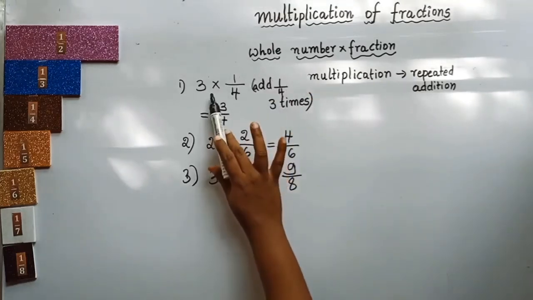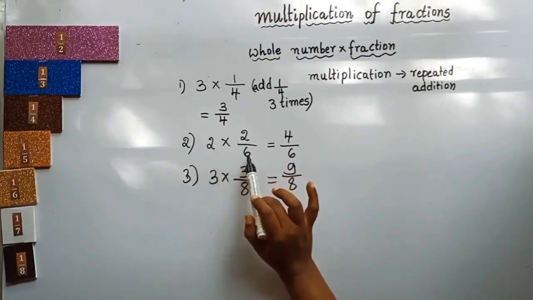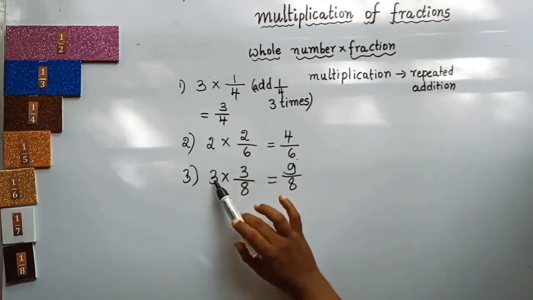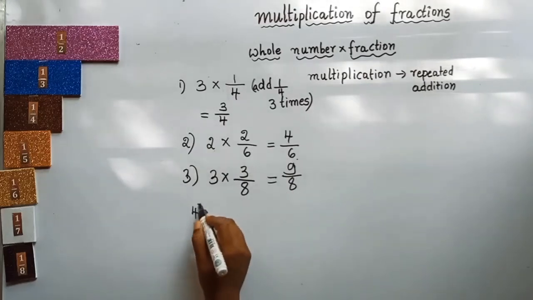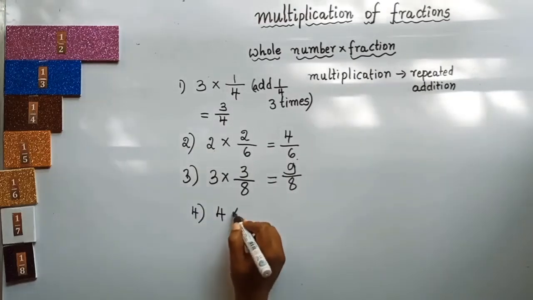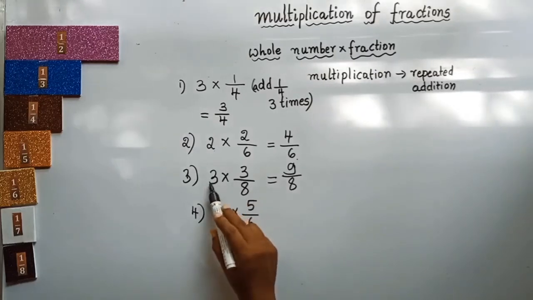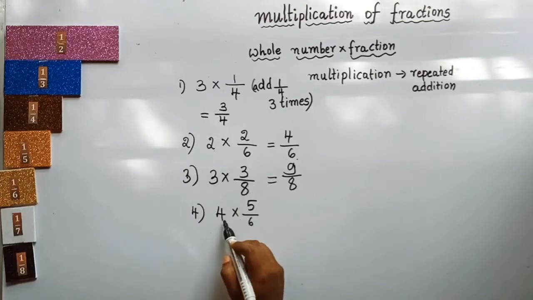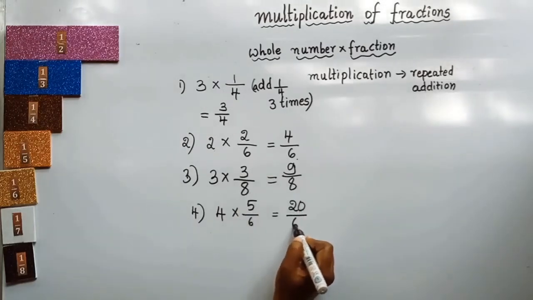Now how to multiply without using multiplication fraction strips? See, 3 into 3 by 8 means the whole number you have to multiply to the numerator. 3 into 3, 9. Denominator write as it is, 8. 4 into 5 by 6: 4 should be multiplied to the numerator, 20 by 6.